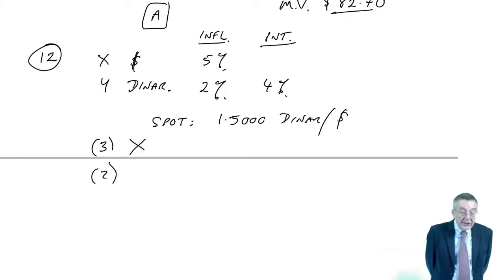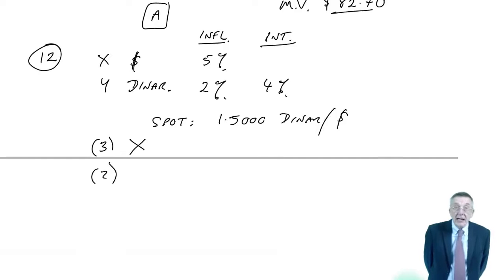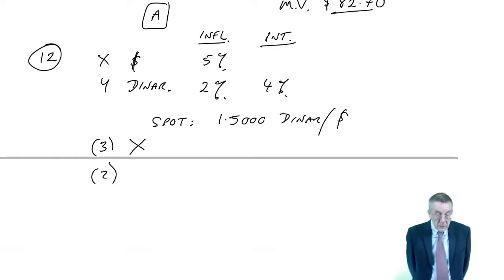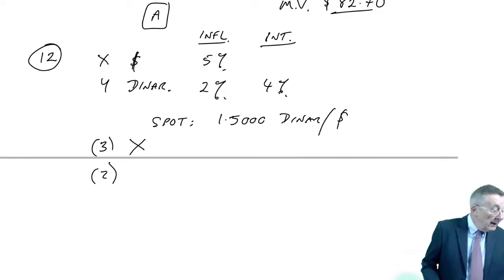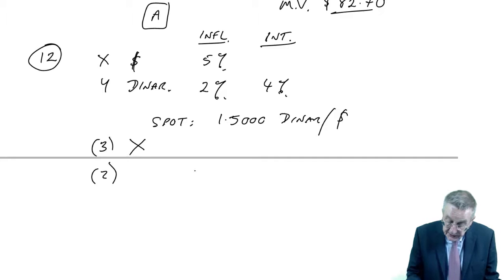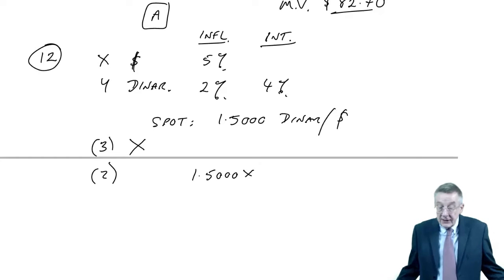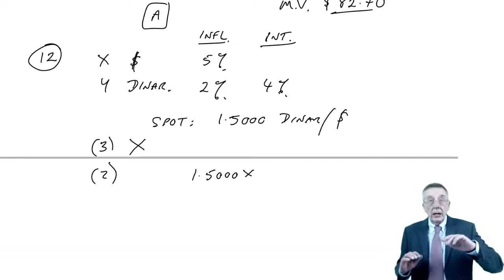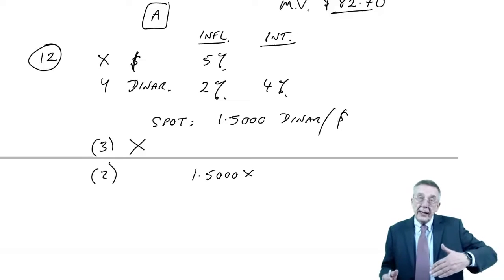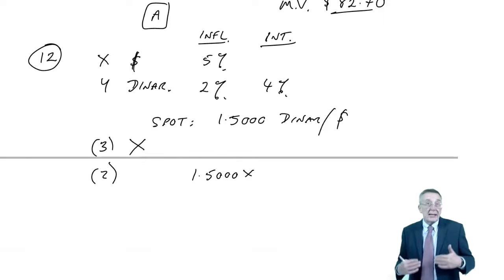The future expected spot rate after 1 year should be 1.4571 dinars per dollar. This is surely purchasing power parity. We know what the current spot rate is, 1.5. The forecast rate in 1 year, and I hope you've watched the lecture, because this is then easy: using purchasing power parity, we multiply by 1 plus the inflation rate in the other country and divide by 1 plus the inflation rate in what I call the base country.